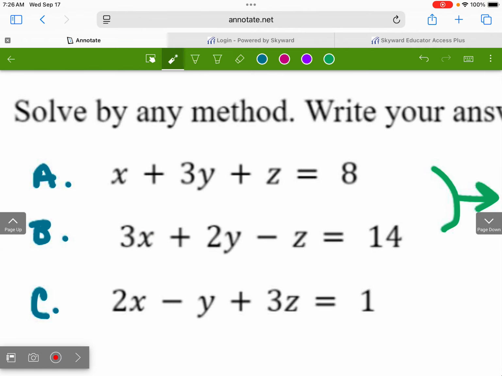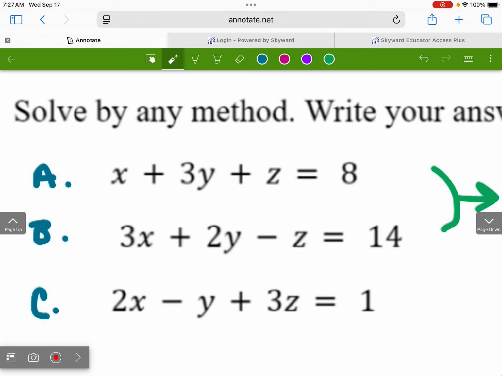B would have a positive 3x, x has 1. I could multiply this by minus 3. Minus 3x plus 3x would cancel out. I could take the y's and I'd have to multiply both of them. If I multiplied this one by 2, I could get to a 6y, and if I multiplied this one by 3, I could get to 6y. So I could multiply both equations to cancel anything I want to out. It's just a choice. There's not a wrong way to do it. I can do any one of them.